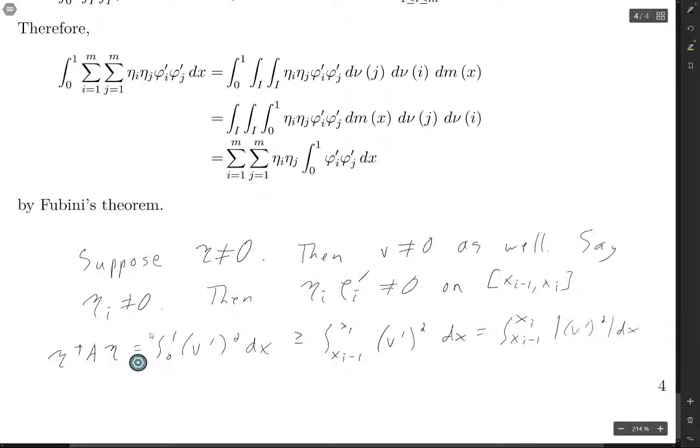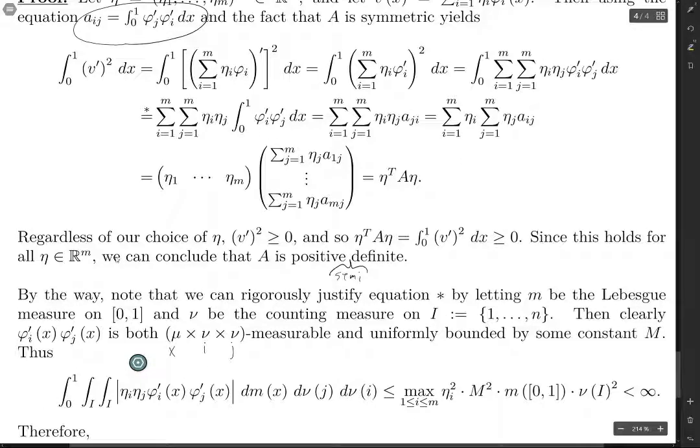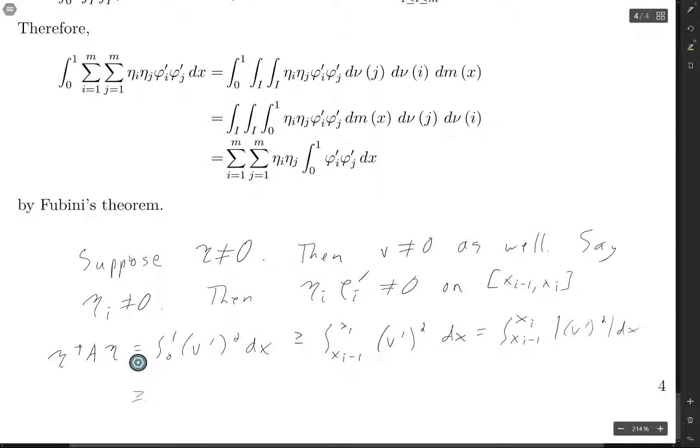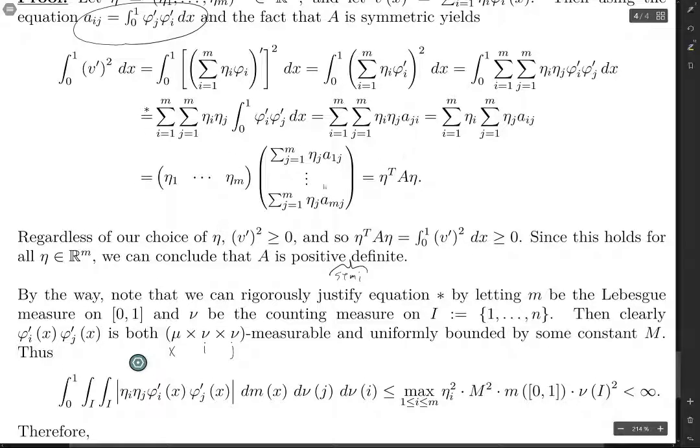Right, because then this is going to be greater than or equal to, basically all we want here is eta_i squared, and then the integral from x_{i-1} to x_i of phi_i prime squared dx. Let me make sure this all makes sense.